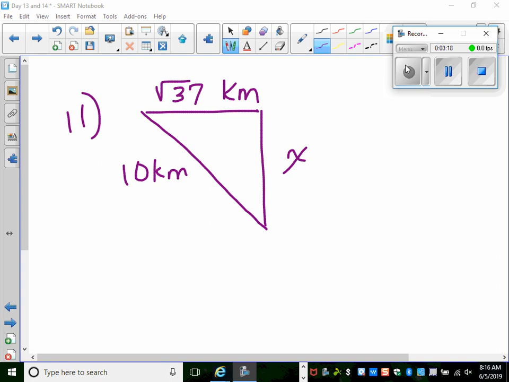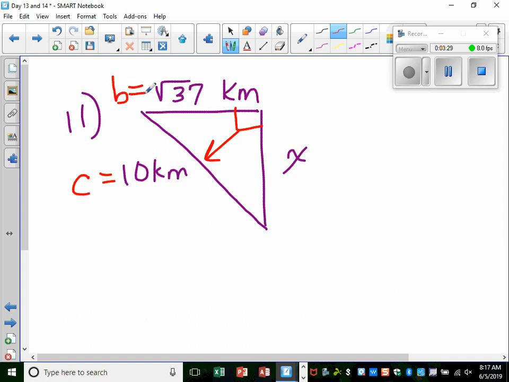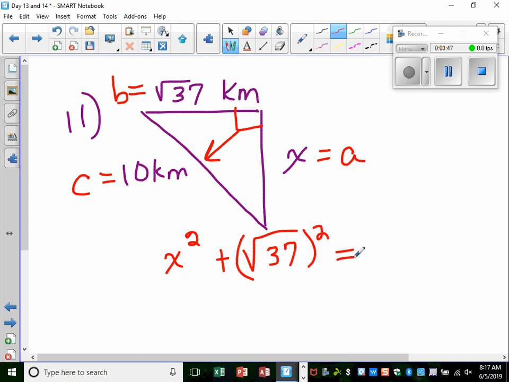So again, I'm going to identify A, B, and C. Obviously this is C. And again, it doesn't matter which one you call A and B. So when I square this, I'm going to have x squared, because that's my A value, plus rad 37 squared equals, they like to use 10 as a hypotenuse, I see.